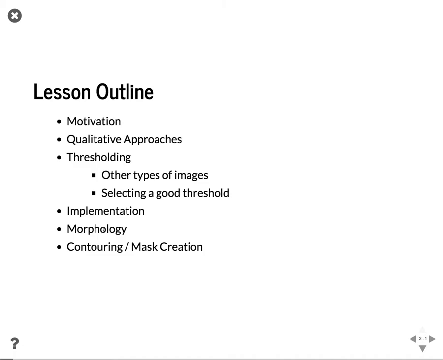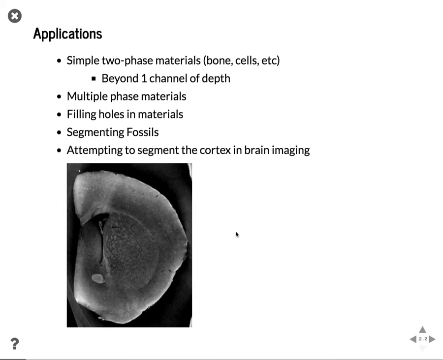We'll then talk very briefly about implementation. The point of this class isn't to get into too much detail about that. And then a bit about morphology. And that's where we'll leave it.